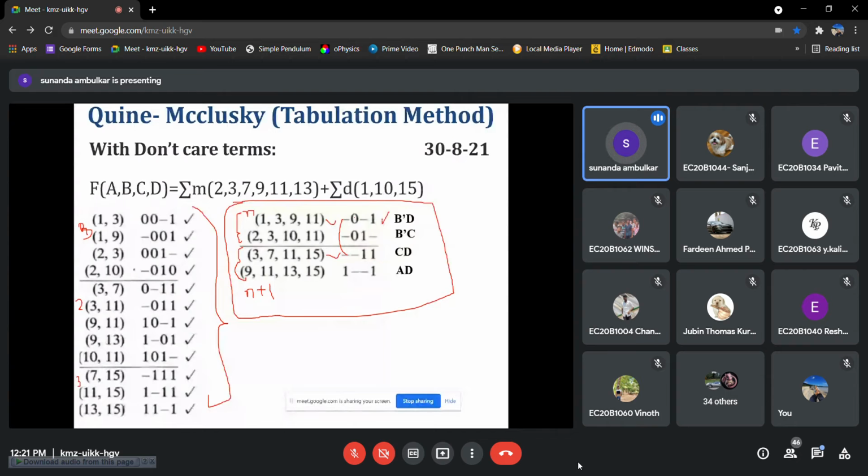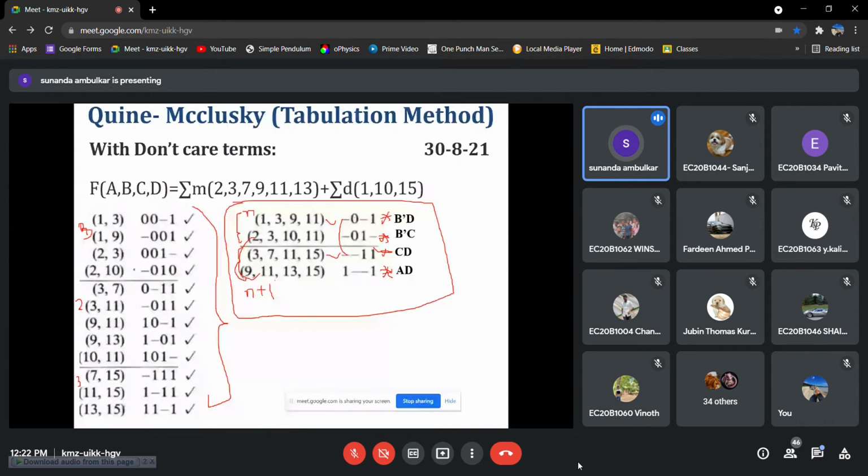Okay, and if we try to compare this with this, dash 1 0 dash, not possible. Next, we'll compare this 2 with this, not possible, we'll put a star mark. Okay, we'll try to compare this, not possible, so we'll put a star mark. So all the terms are with the star mark.